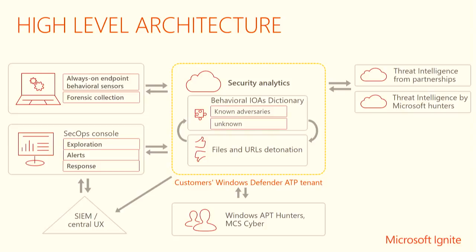In the middle of this is essentially the heart and soul of Windows Defender ATP, and that's where all the security analytics happens. We purposely don't put a lot of the behavioral monitoring and behavioral rules in the agent. Does anybody know why we don't put it in the Sense agent? Take a guess. I'm sorry? Too intensive?